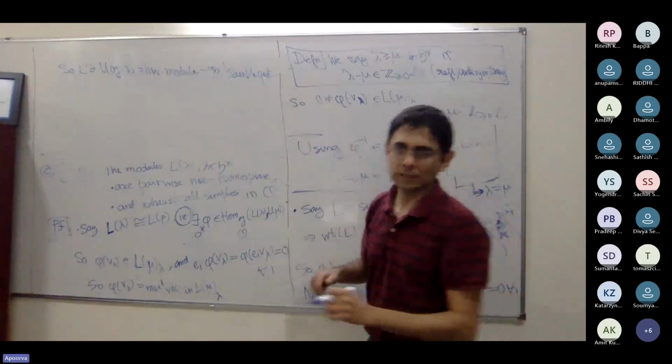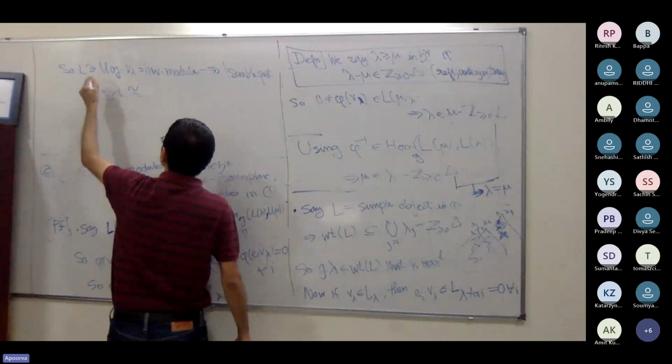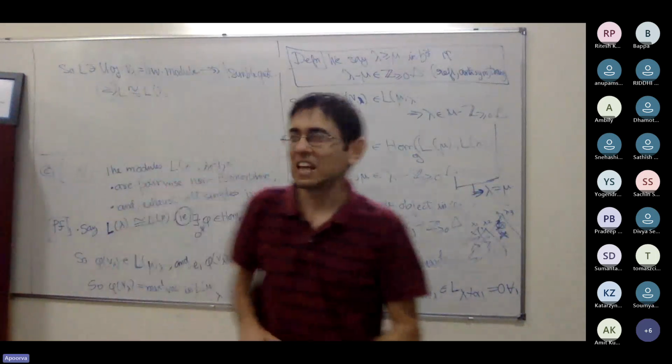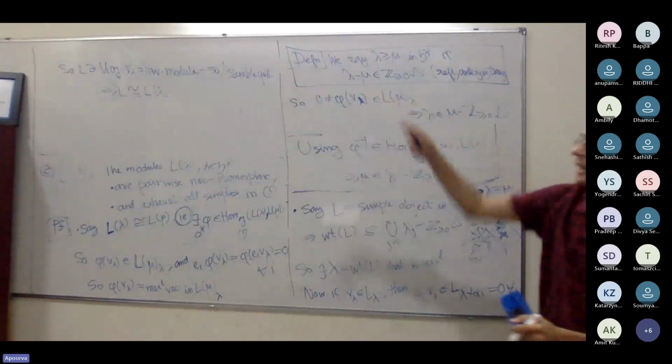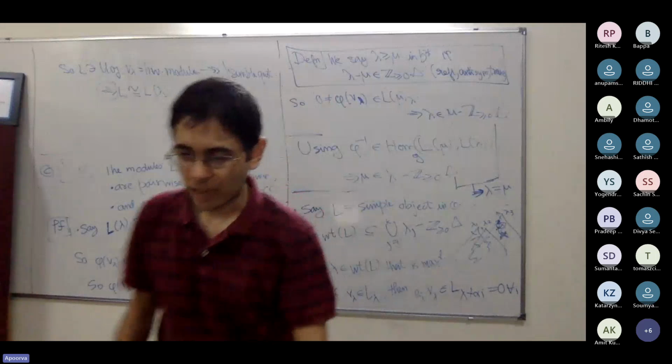From this, you can deduce that L is itself equal to it. I will leave it to you to fill in the details because we don't have so much time. But yes, this is enough to deduce that L is isomorphic to L(lambda). Okay, so that was that.